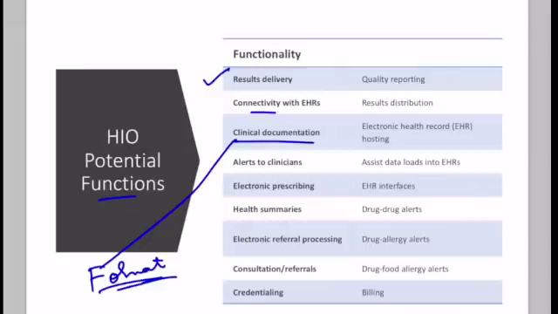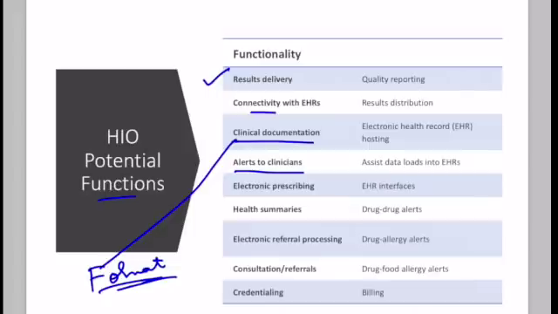And then alerts to the clinicians. We see in the EHR module that there are several kinds of alerts, and then there are alerts across organizations. The different kinds of alerts are the responsibility of the HIO to manage.